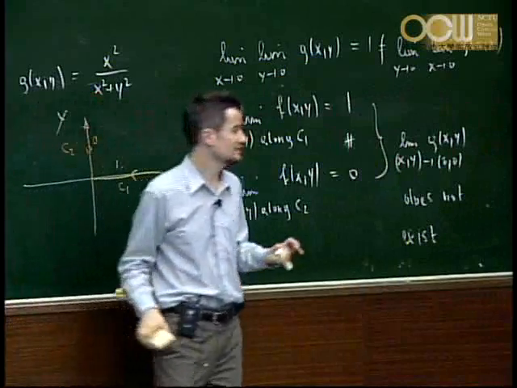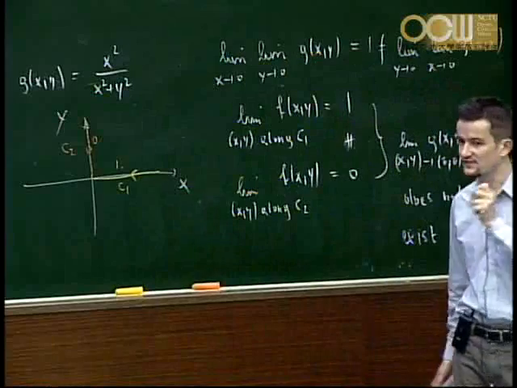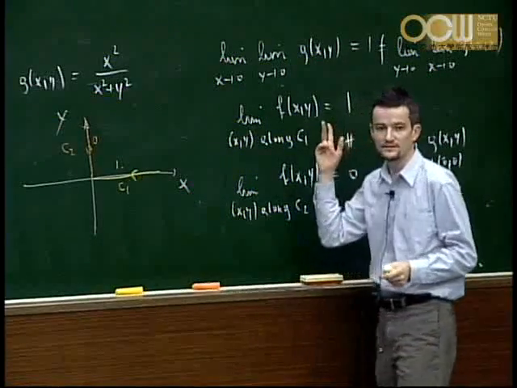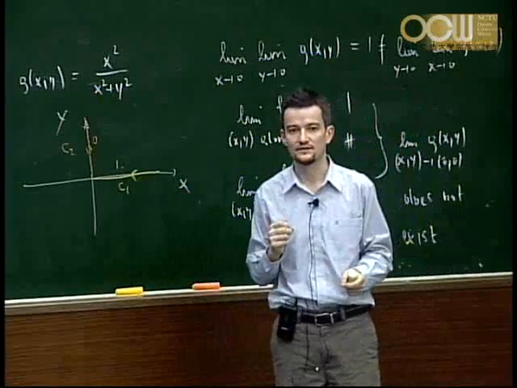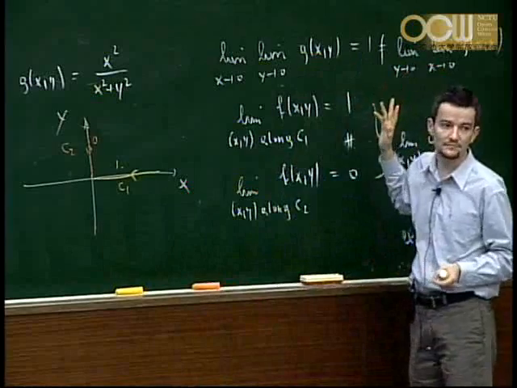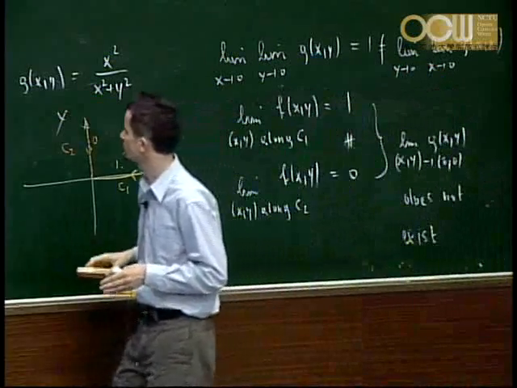Of course, if the limit exists, those two limits will be the same and equal to the limit. But if the limit does not exist, those two might be different, but not necessarily. If the limit does not exist, those two might be the same, but the limit still does not exist. We will see an example in a few minutes.